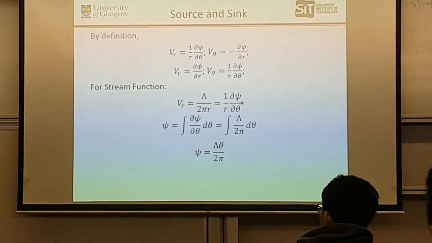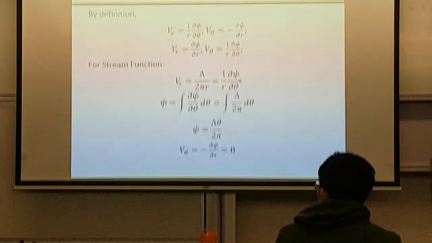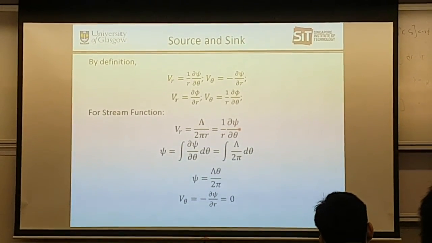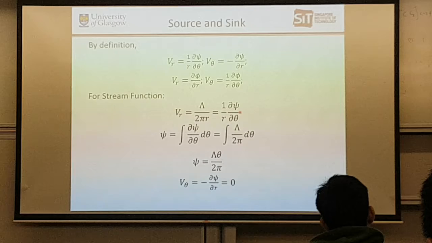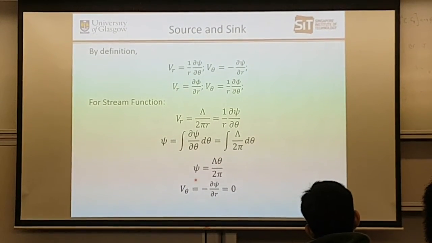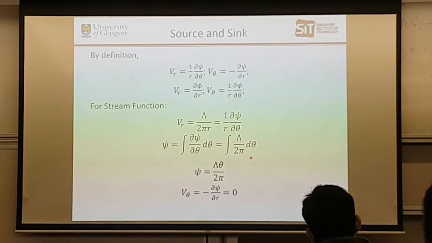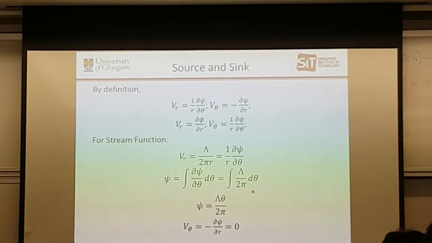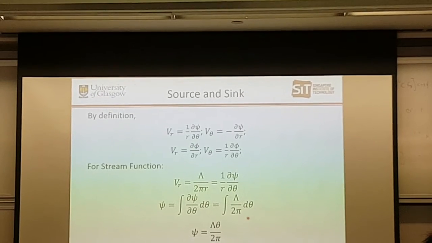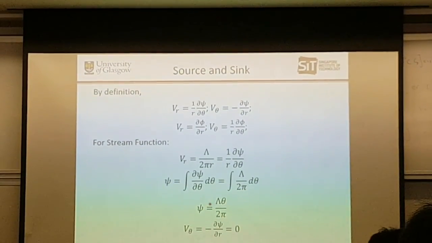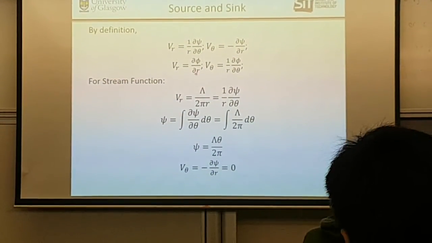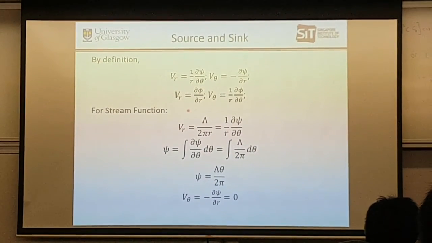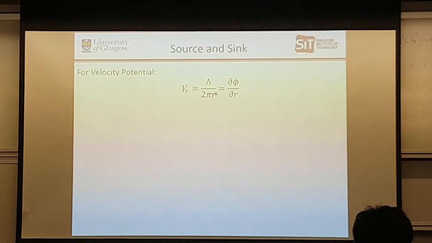I must also do my V theta just to complete the math, but it just happens to equal 0, because the tangential velocity equals 0. So we get the answer for this already. We can do the same thing for our velocity potential, using the same equation.